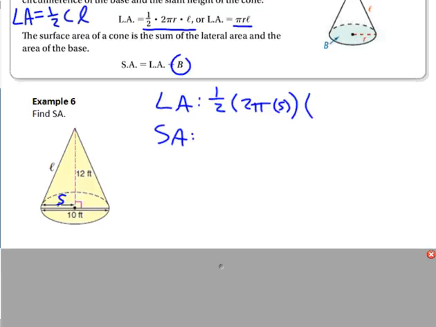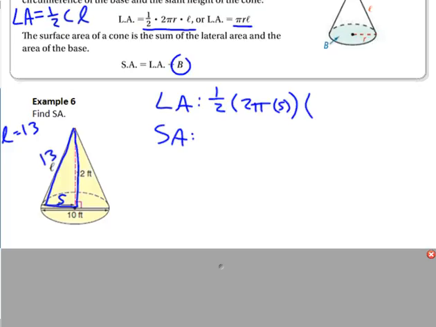We are not given the slant height, but we are given, this is 5, the height is 12, and if you know Pythagorean triples, that would mean that this third part of this triangle would be 13. So the slant height actually is 13. Or you can use the Pythagorean theorem to verify that.